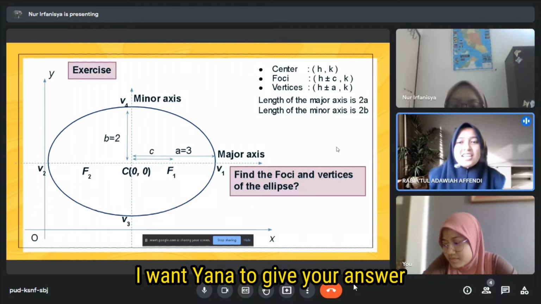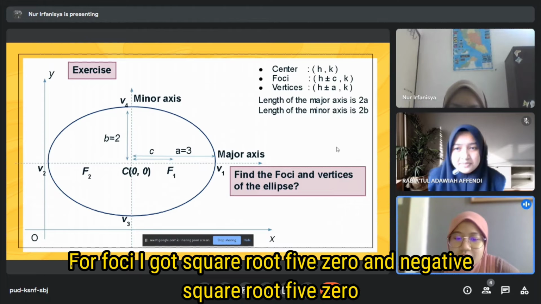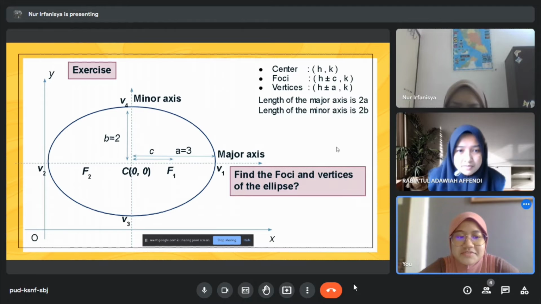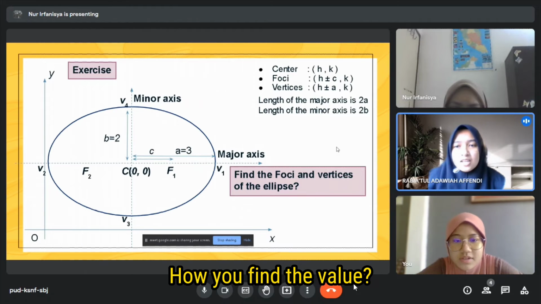I want Ayana to give your answer. For the foci, I got (√5, 0) and (-√5, 0). Okay, that is correct. We have two foci, (√5, 0) and (-√5, 0). How did you find the value?